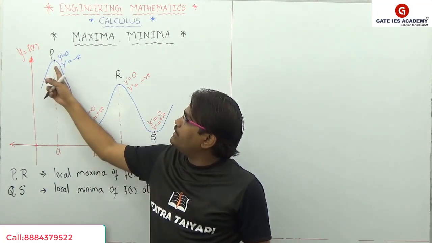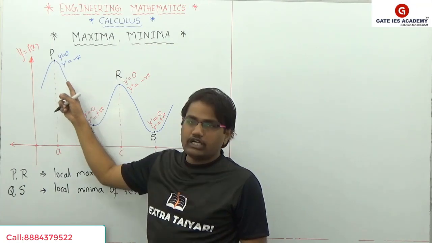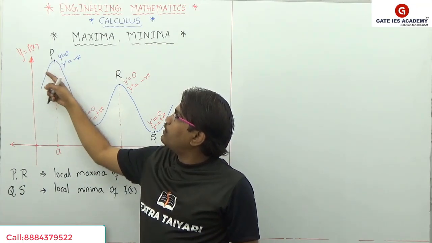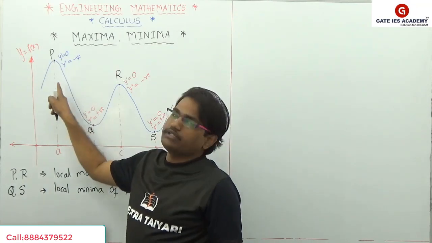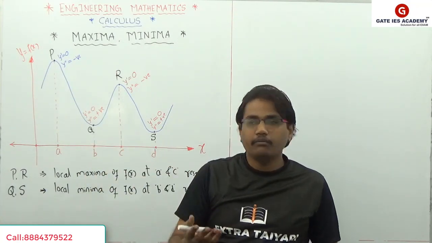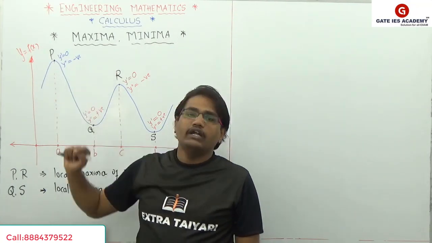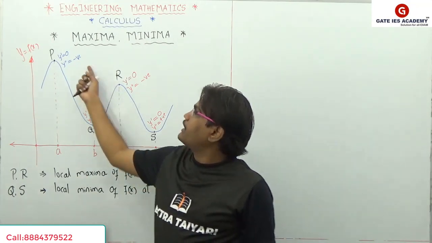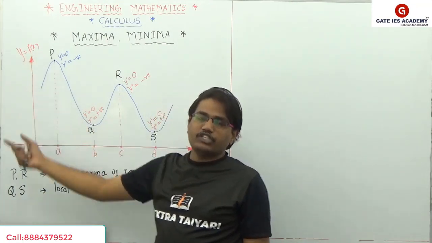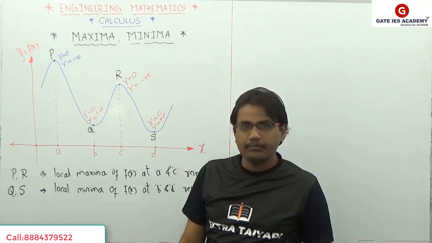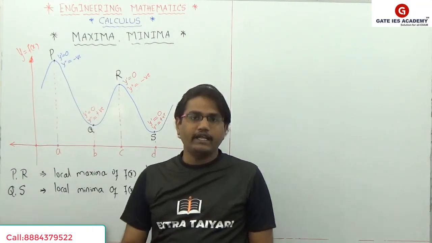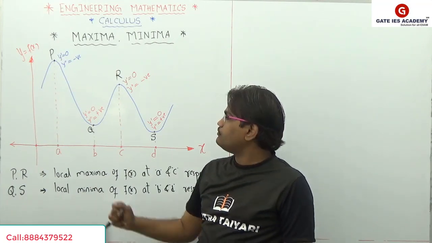But at this point, what kind of nature does the curve have? It has a convex shape. Convex shape means the double derivative is negative, meaning the second differentiation of this function with respect to x at this point, x equal to a, gives a negative value.